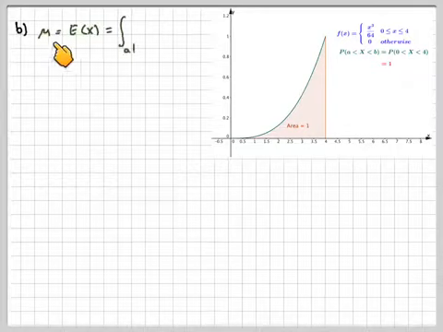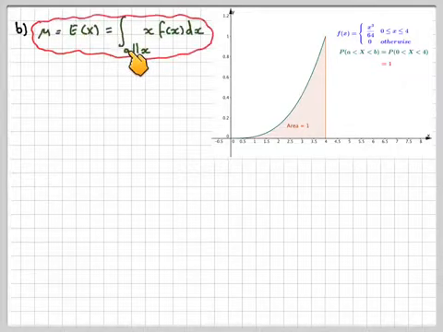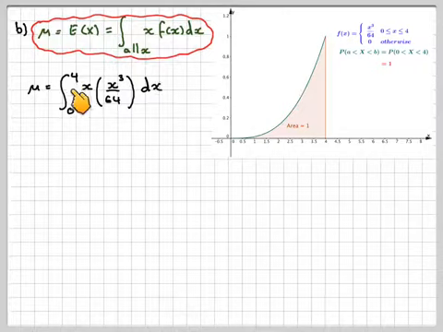So to find mu, which is E of x, you have to do the integral over all x of x times f of x dx. So we need to do the integral from 0 to 4 of x times x cubed over 64 dx. When I say all x, that means the area where it's defined.